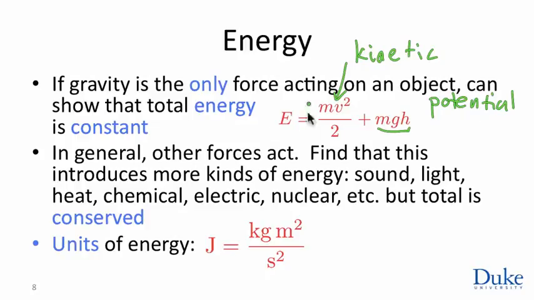Now, this is very nice, but it's only true if the only force acting is gravity, and in general there are other forces that act. And so in general, this conservation of energy is violated. But not really. What really goes on is that whenever there is another force other than gravity acting, a typical example is friction. If I roll my chair back, it slows down.